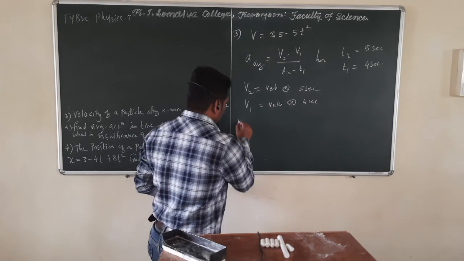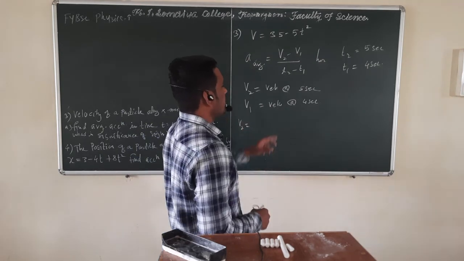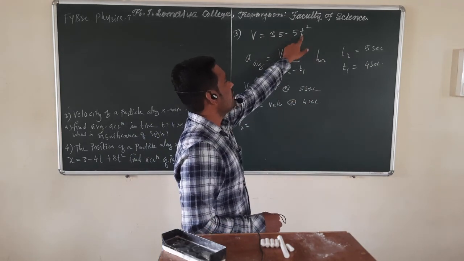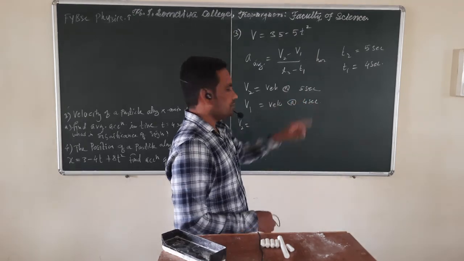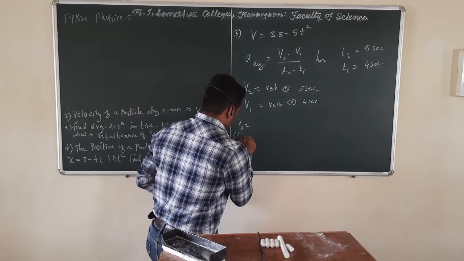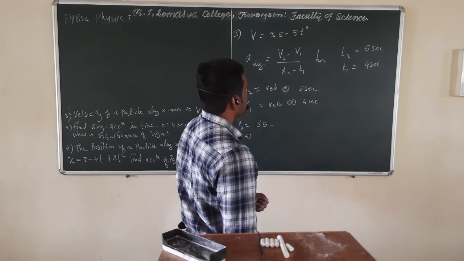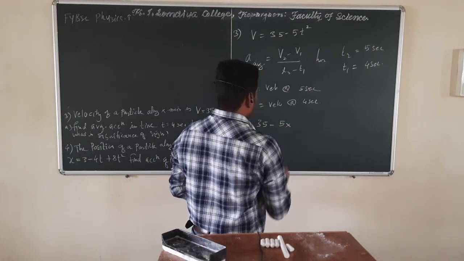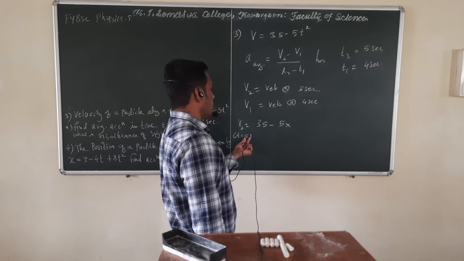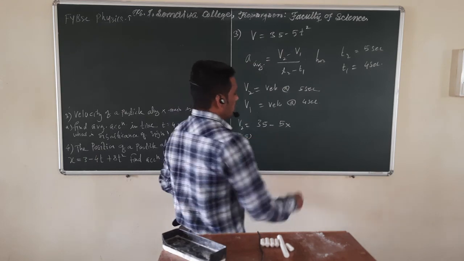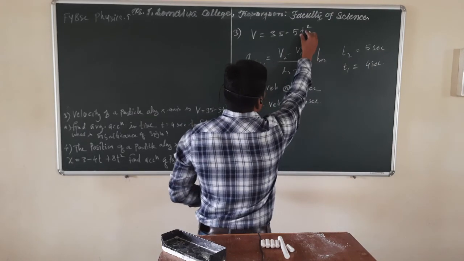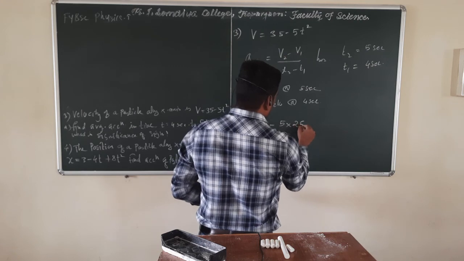So v2, we have to put in this equation t equal to 5. So we get 35 minus 5 into 5 square, so that will become 25.